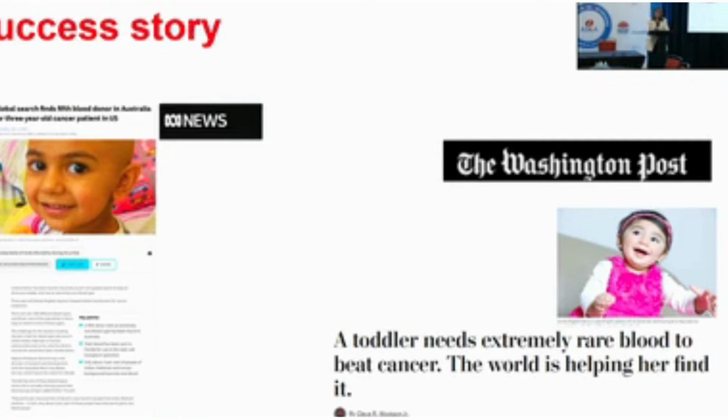It was on social media, Facebook, everywhere, and blood services were contacted internationally to see if they could find donors for her. In Australia, we contributed. We had the fifth unit and we sent it over and she was transplanted successfully. So it just shows what international collaboration can actually do. She actually recovered well.